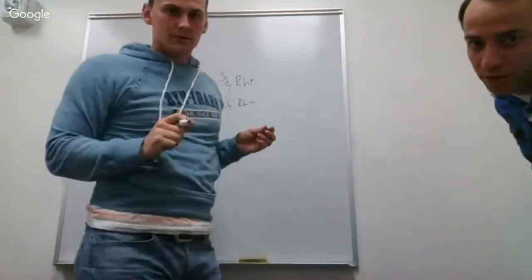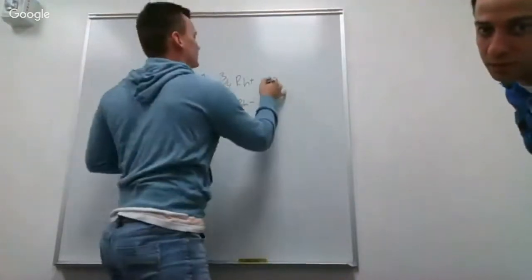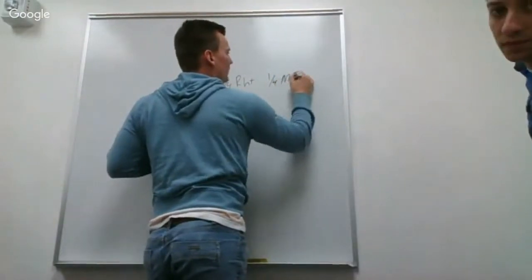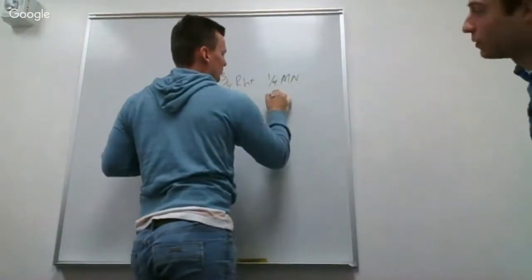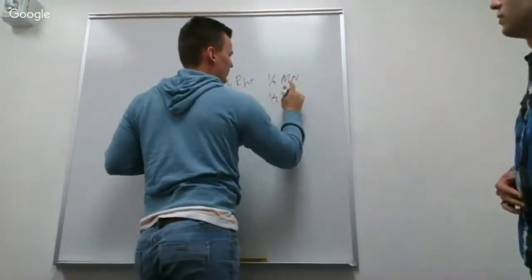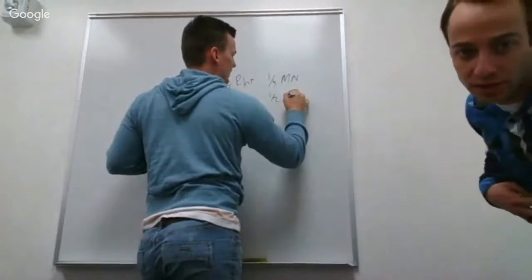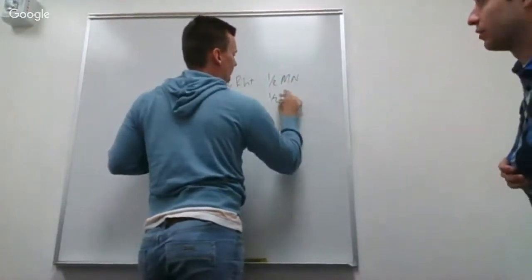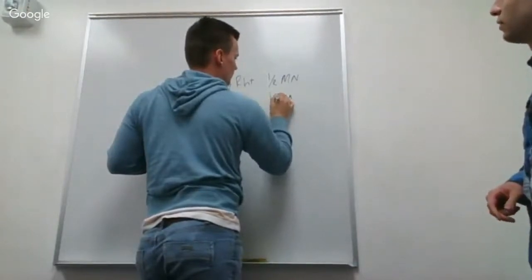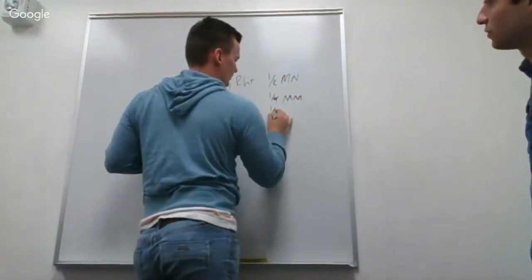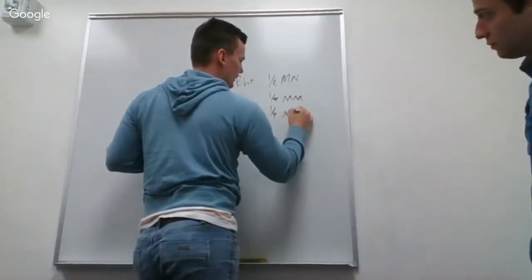And then for MN, MM would be 1/4, MN would be 1/2, and NN would be 1/4.